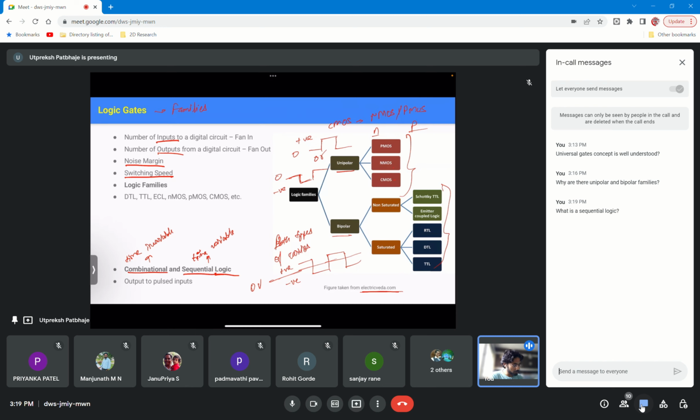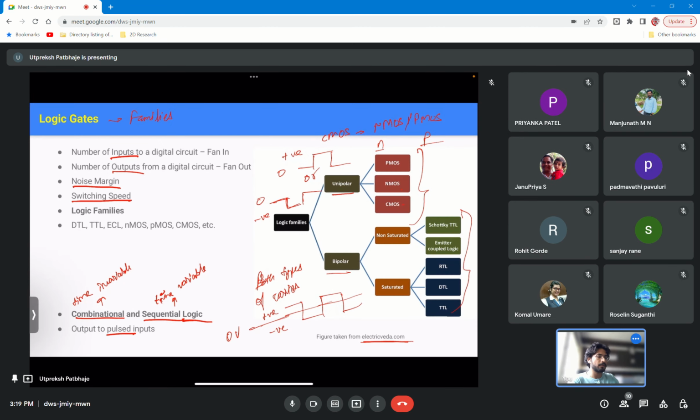If you use these two circuits for a one-time logic operation, they will give us the same output. But if you go with a pulsed input or something in which your inputs will be changing with time, and you want to get a time dependent output, there you have to go with sequential logic. So these are two types of circuits that we will get to in depth in the coming sessions, and I think you guys are already covering that in the course that the professor is teaching.